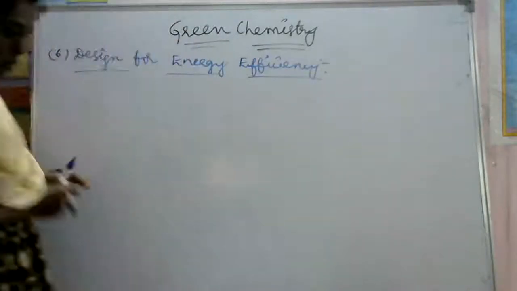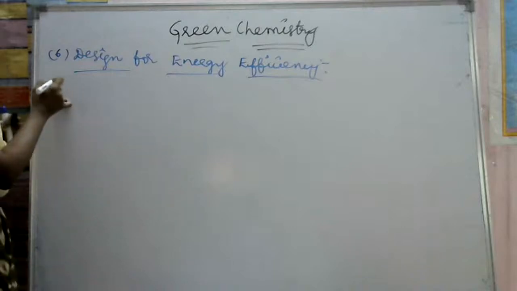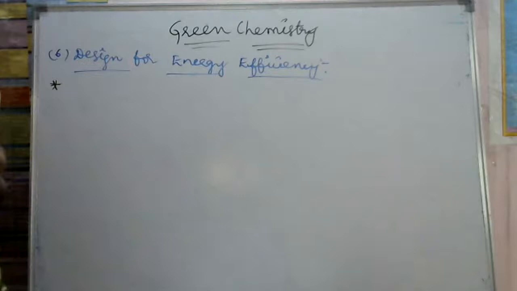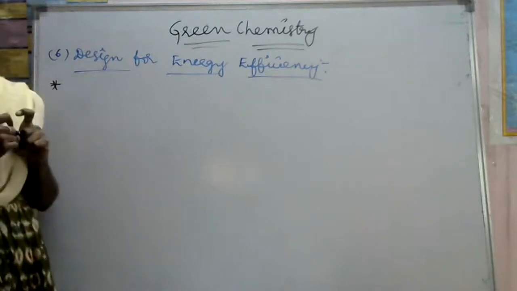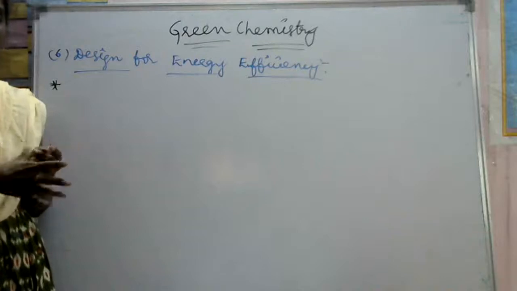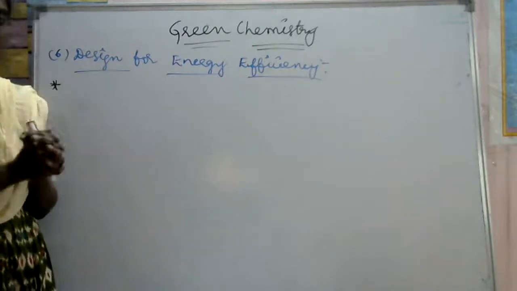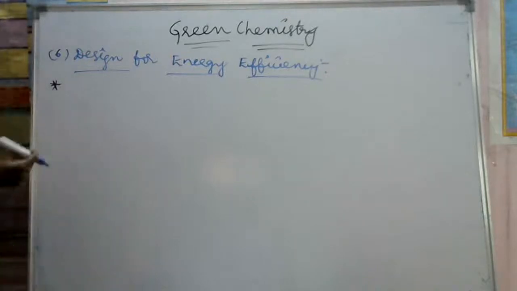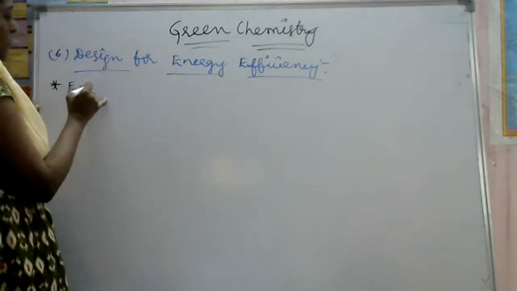Here we have to consider the energy requirements for chemical processes. The energy requirements of chemical processes should be recognized for their environmental and economic impacts and should be minimized. That means we have to use less energy.